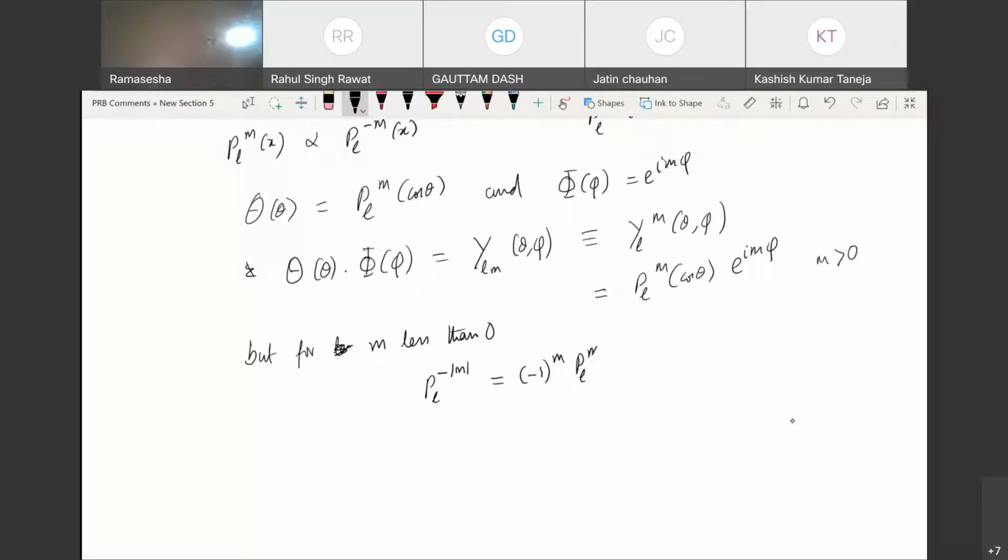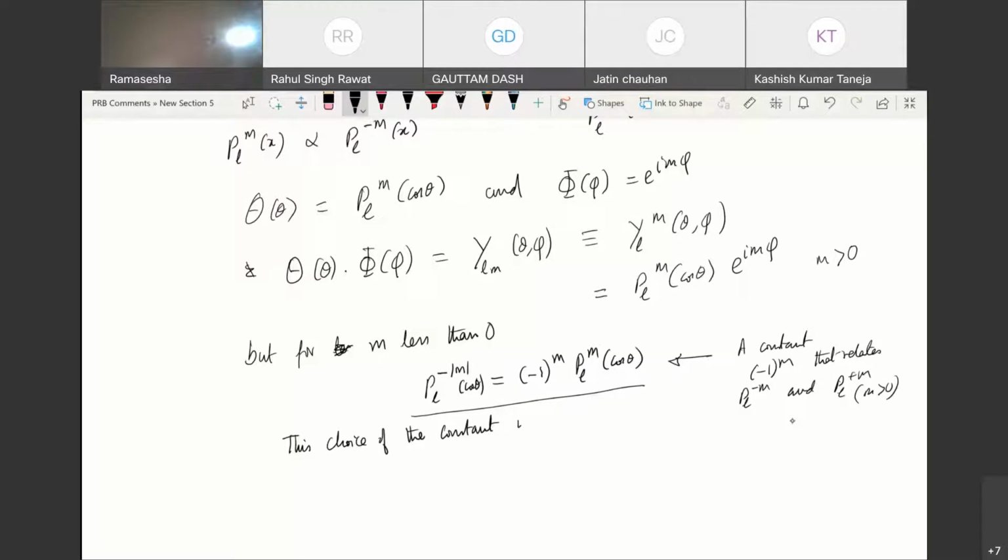Okay, so in this case, you have a constant which is minus 1 to the power m that relates P_l^{-m} and P_l^{+m} for m greater than 0. And this particular phase constant is called the Condon-Shortley phase.